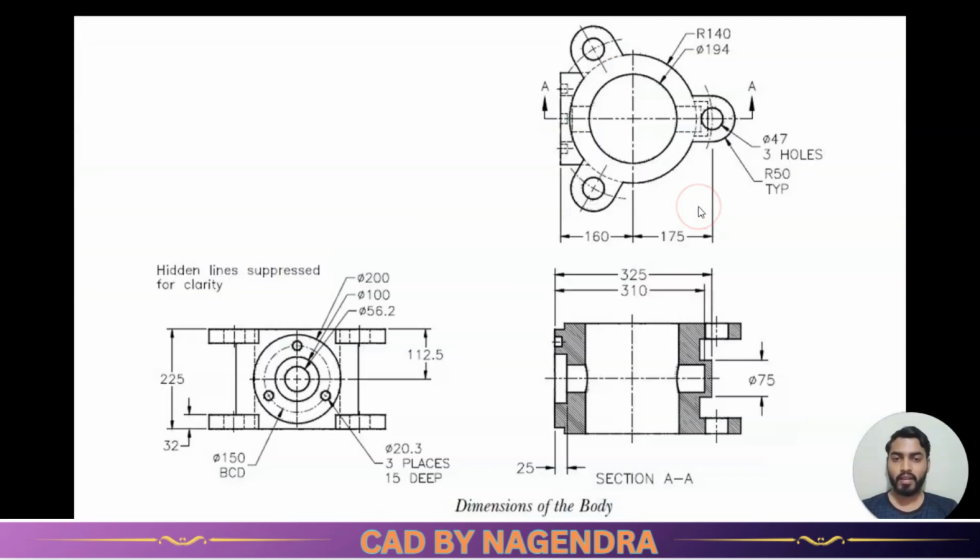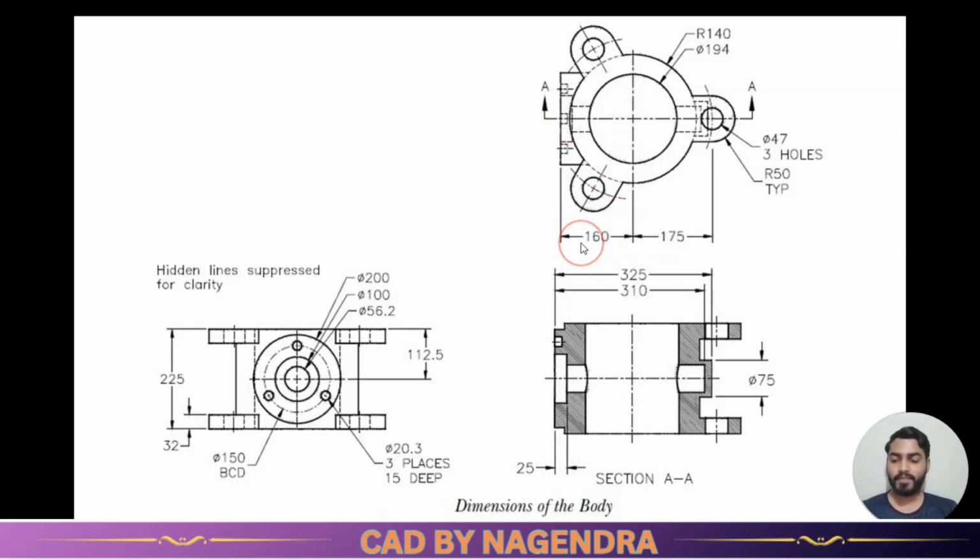Then next to that, we have extra material here. If you see the section view, extra material is added. So for this one we don't know how much the dimension is. You can see from the center we need a distance of 160. From here it should be with a distance of 160.